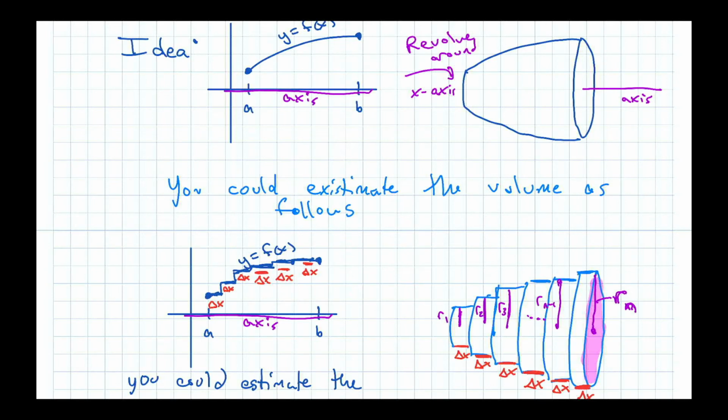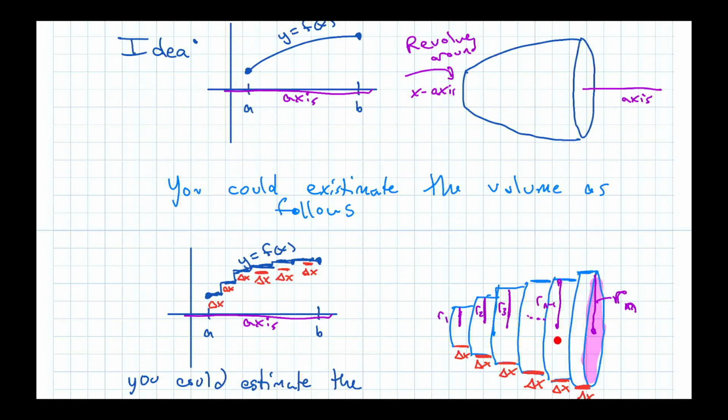If you use 1, 2, 3, 4, 5, 6 slices, you get an approximation. But if you used 10 slices, your picture would be better. And if you used 100 slices, your picture would be even better. And if you used 1,000 slices, you might not even be able to tell the difference between this picture and this picture.